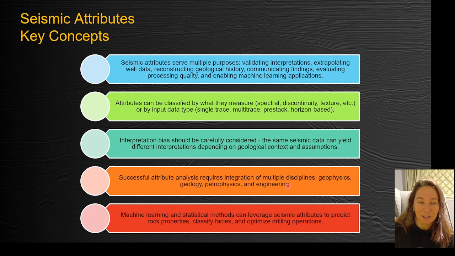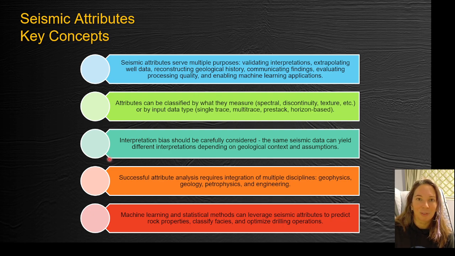There are many ways we could classify attributes, and there are hundreds of them out there, which I'm not going to talk about all of them. They can look at the spectrum, discontinuities, or textures. They also can be classified by the input data. So maybe you want to calculate the attributes based on the horizons, or maybe you have pre-stack data and you could calculate different attributes with those.